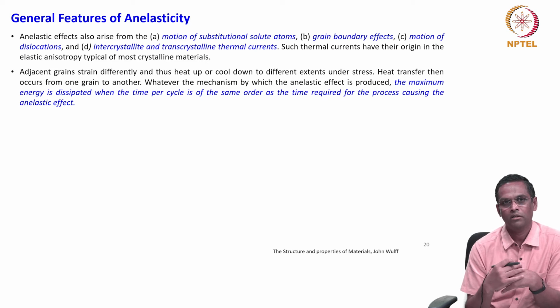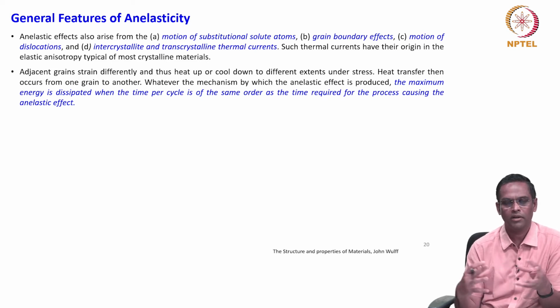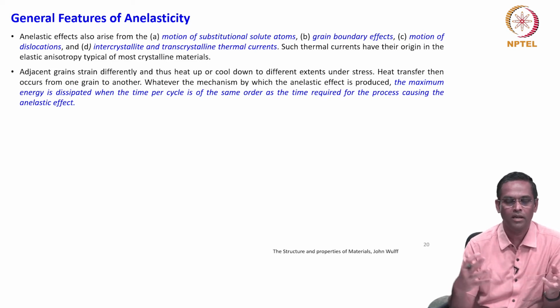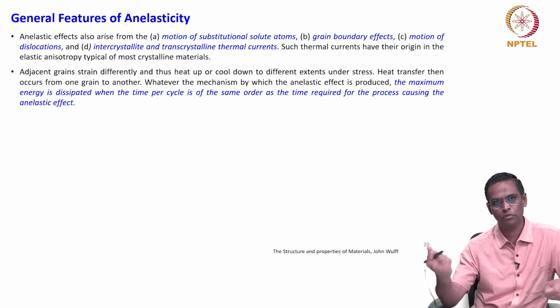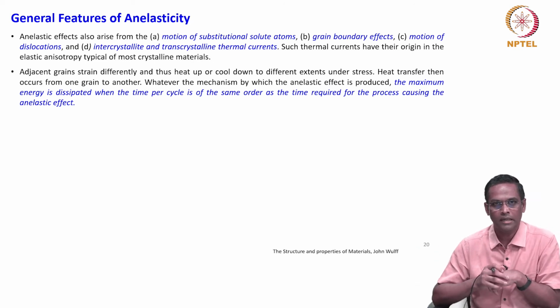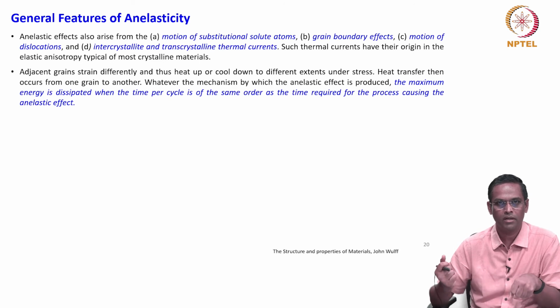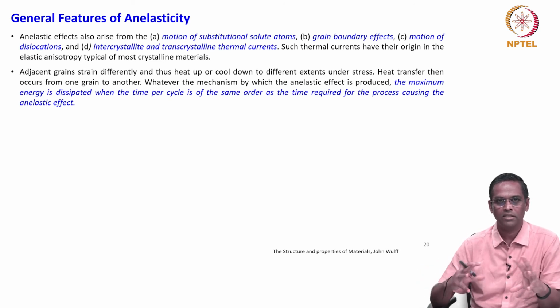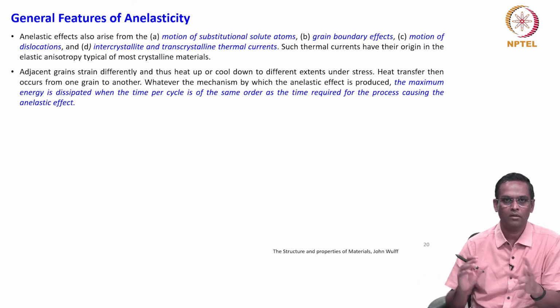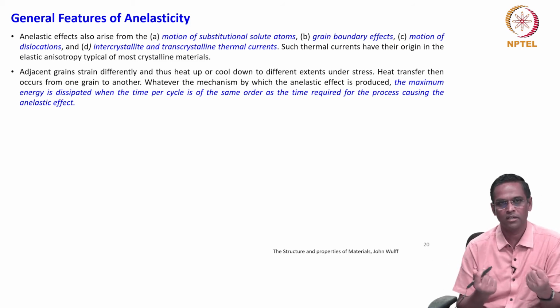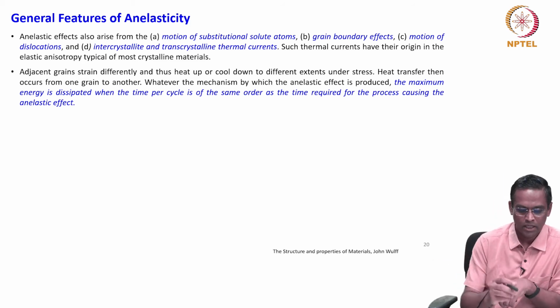When several grains are oriented in different directions and you stretch it in one particular direction or apply the load in a particular direction, all the grains will try to rotate and accommodate strain with each other.